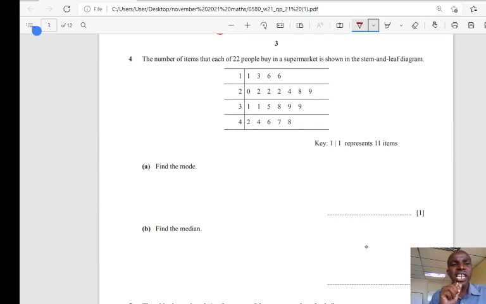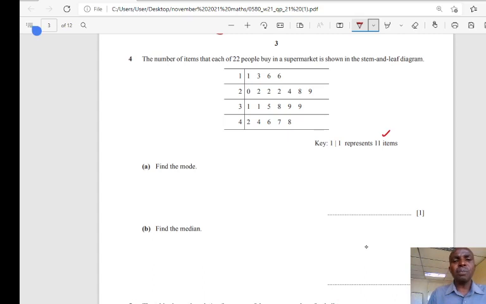Next question, number 4. The number of items that each of 22 people buy in a supermarket is shown in the stem and leaf diagram. Find the mode. The mode is the number which appears the most, or the number with the highest frequency. So which number appears the most in this case? We're given our key here. 1/1 represents 11 items.